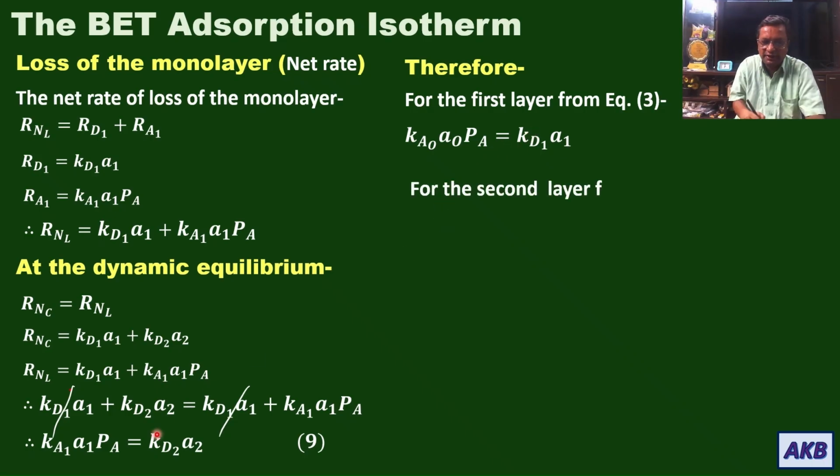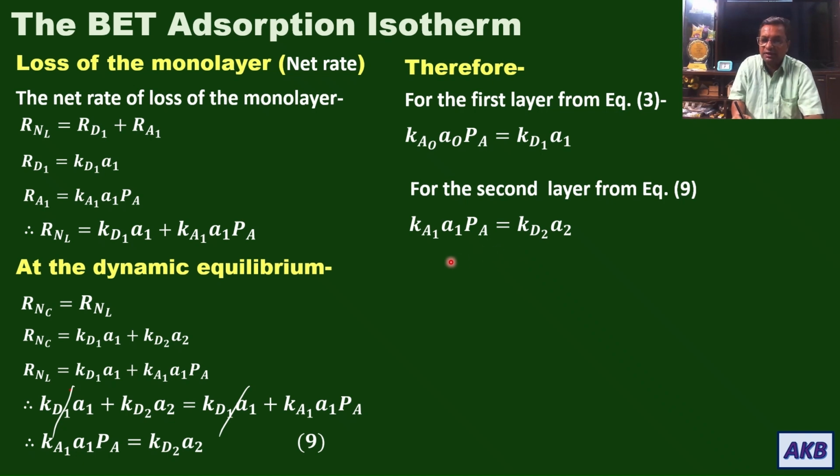Then for the second layer, we have equation number 9. What is that equation? It is Ka1 into A1 into Pa, that is equal to Kd2 into A2. So according to this equation, the rate of adsorption on the monolayer is equal to the rate of desorption from the bilayer.